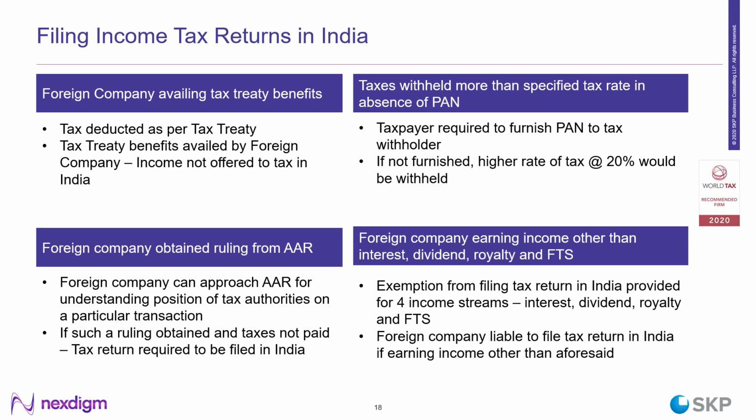Then there are cases where a foreign company does not have an India tax registration number and has been subjected to a higher withholding tax rate as per the Indian local laws; then still the tax filing requirement remains. And any company earning, as we discussed, income other than royalty, FTS, dividend or interest may still have to file tax returns in India.